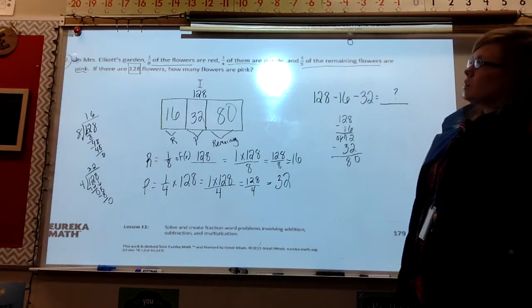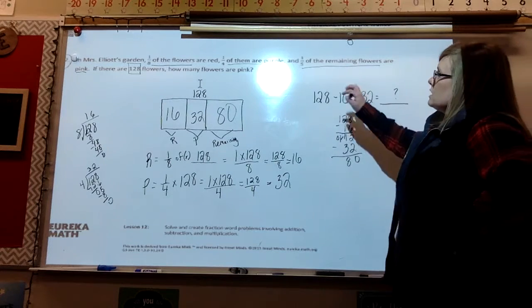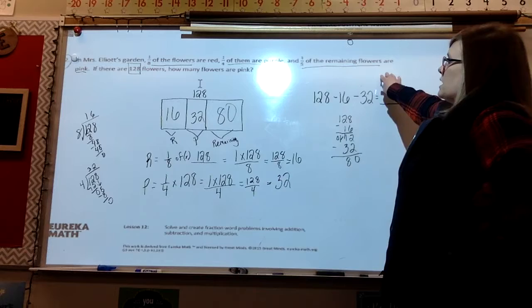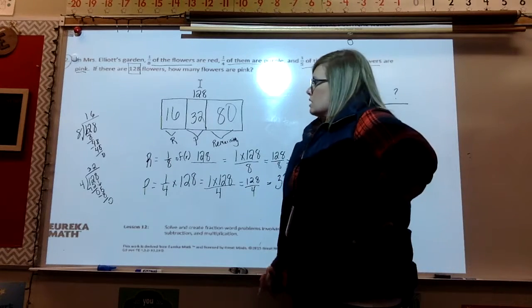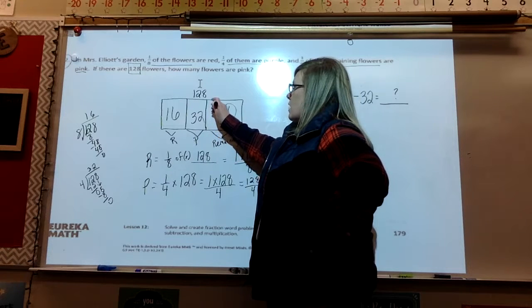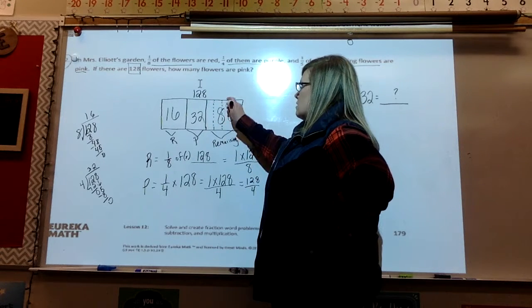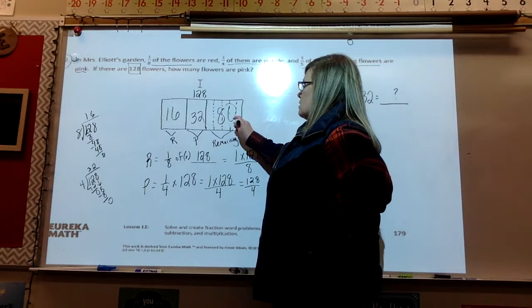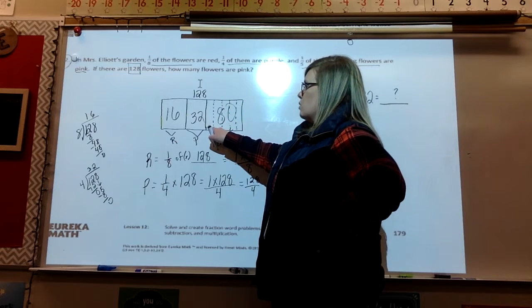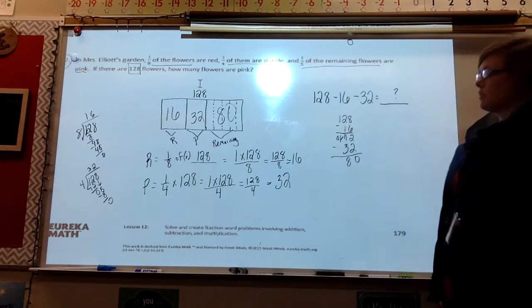So the question says how many are pink. Well, if we go up to the problem, it says 1/5 of the remaining flowers are pink. So if you think about this as being what's left over, if I were to split this into fifths, just one little piece, 1/5 of what's left is going to be what the pink flowers are.